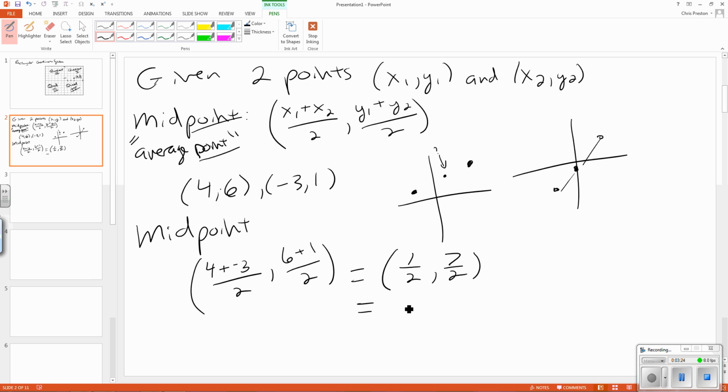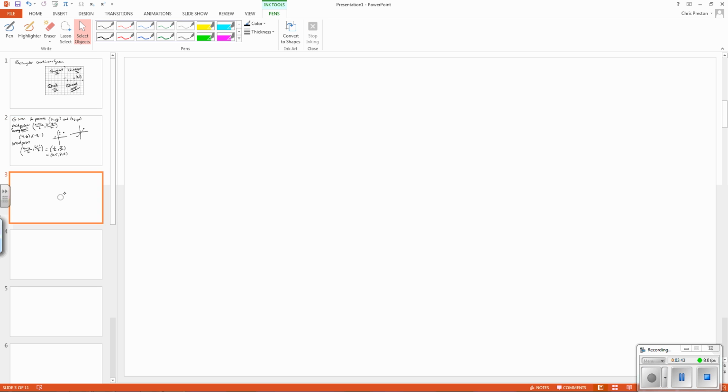And since we're graphing this, it might be easier to write this in decimal form. So 0.5 and 3.5, if that helps. And so, a half and up 3, that probably makes sense with my quick little sketch here. So yeah, think average point.